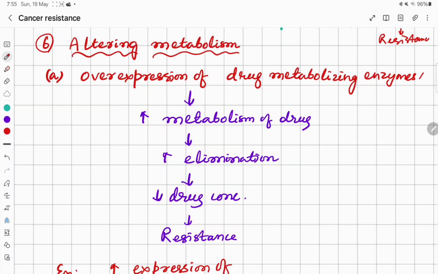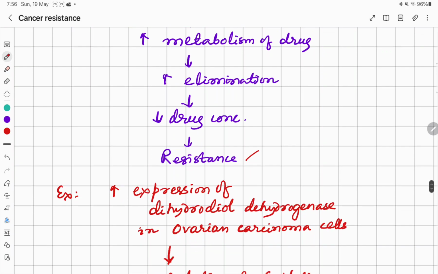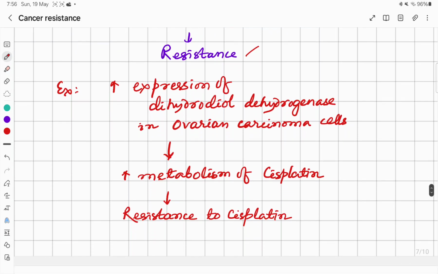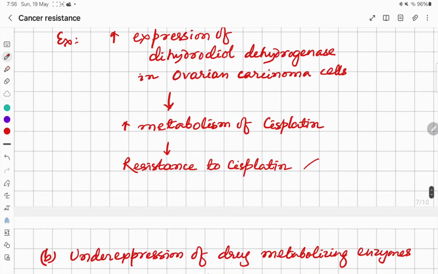If there is overexpression of the enzymes metabolizing the drug, then there will be increased metabolism, so increased elimination and decrease in drug concentration, so that will lead to resistance. For example, increased expression of dihydrodiol dehydrogenase in ovarian carcinoma cells increases the metabolism of cisplatin, so that causes resistance to cisplatin.